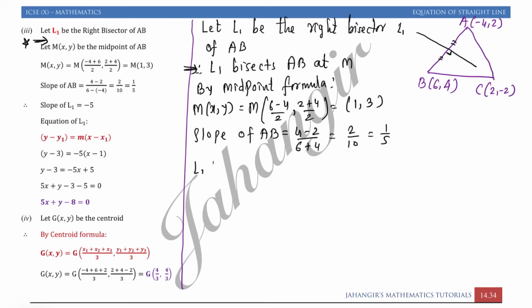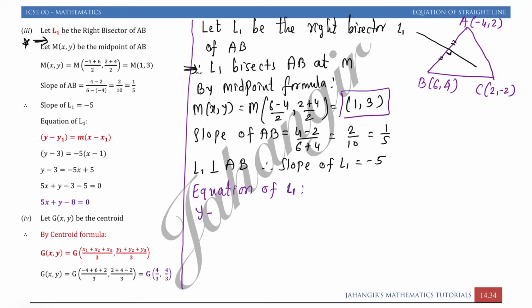Now L1 is perpendicular to AB. So therefore slope of L1 is equal to minus 5. Now we can write equation of L1. Taking passing point as 1 comma 3, y minus y1, that is y minus 3, is equal to m into x minus 1. 1 by 5 you cannot take, it is not the slope.